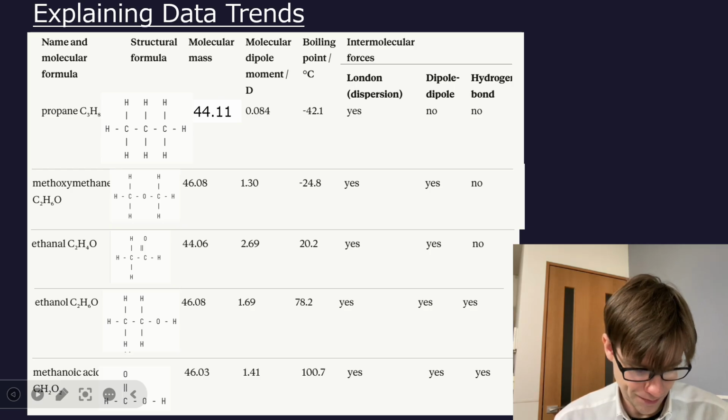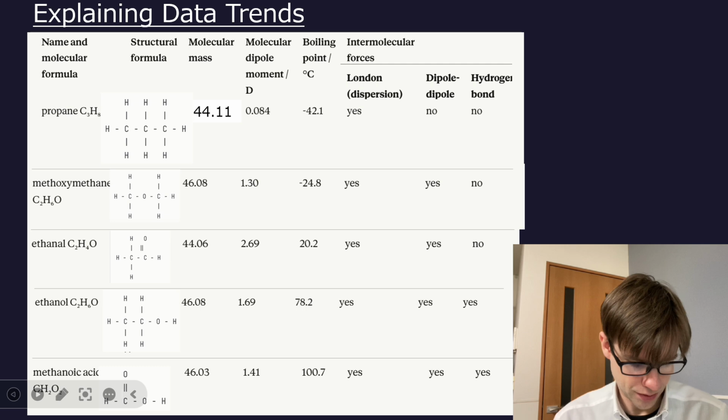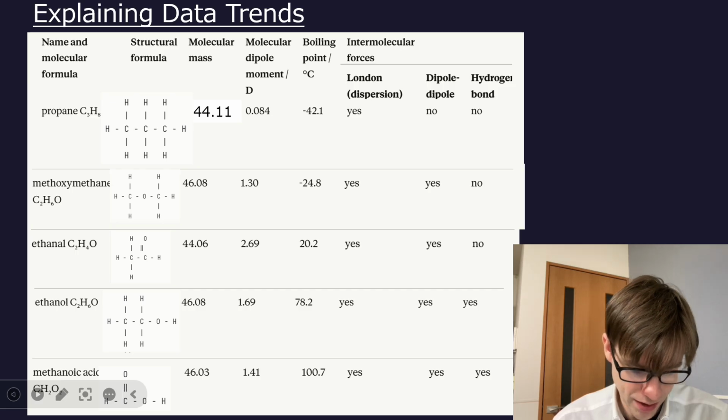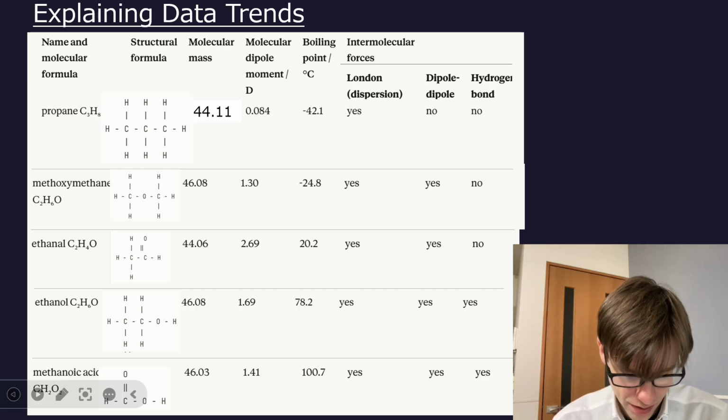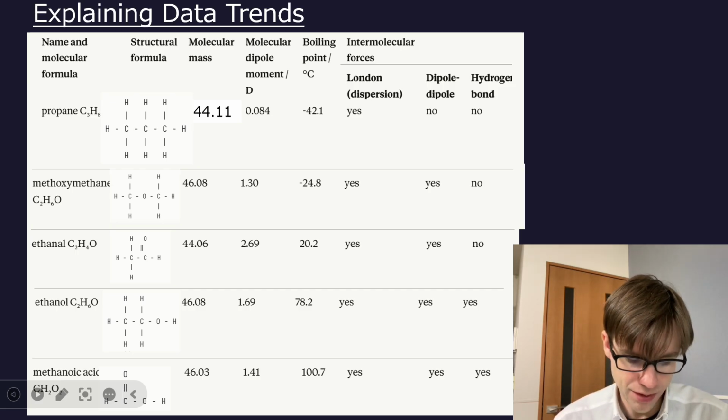We can explain that. Now the last one here might be the most interesting. How are we going to compare methanoic acid with ethanol? They have similar molecular weight, similar dipole. They have all the intermolecular forces, London, dipole, and hydrogen bonding, and yet methanoic acid's boiling point is still like 22 degrees above ethanol.